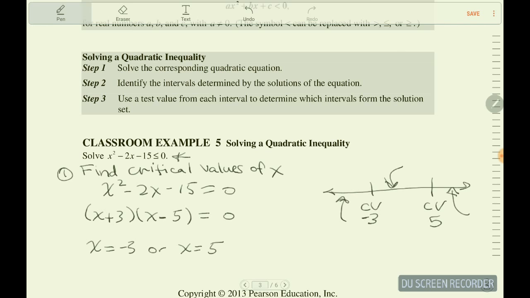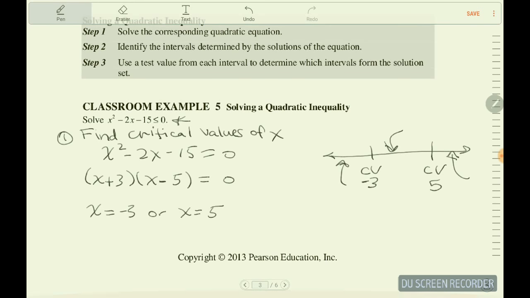Then I'm going to select test values in each region and see if they make my original inequality true or false. And that will narrow down my solution set, which I will write in interval notation. So in the first region, I'm going to look at -4 as a test value.